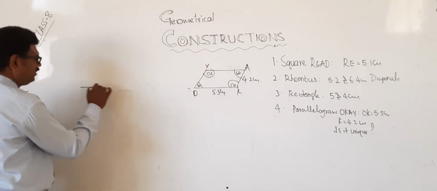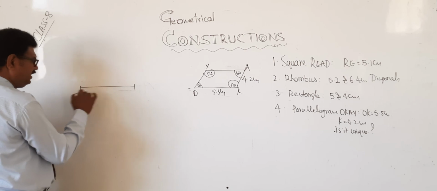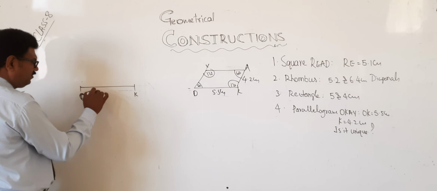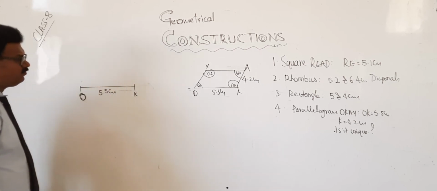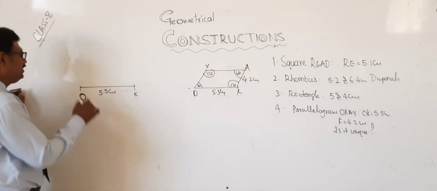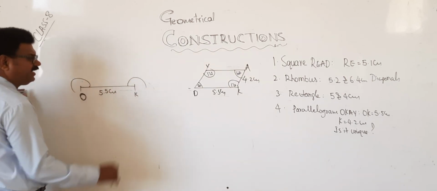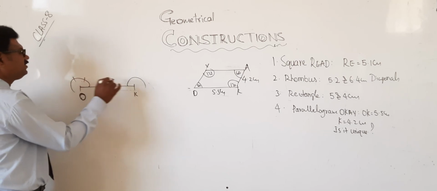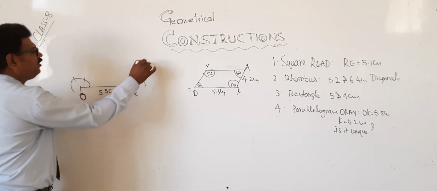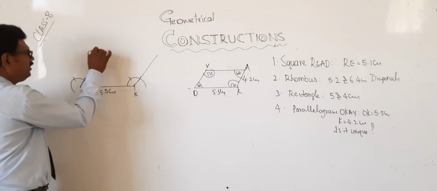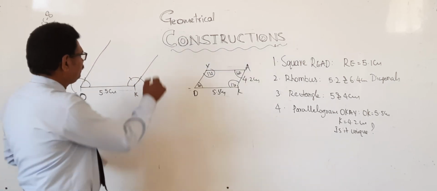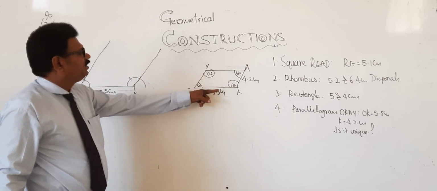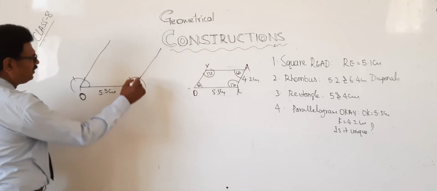Yes, very simple. Draw OK first as 5.5 centimeters. Next, I will take here 60 degrees and here 120 degrees like this. Now see, from here to here how much is there? 4.2.